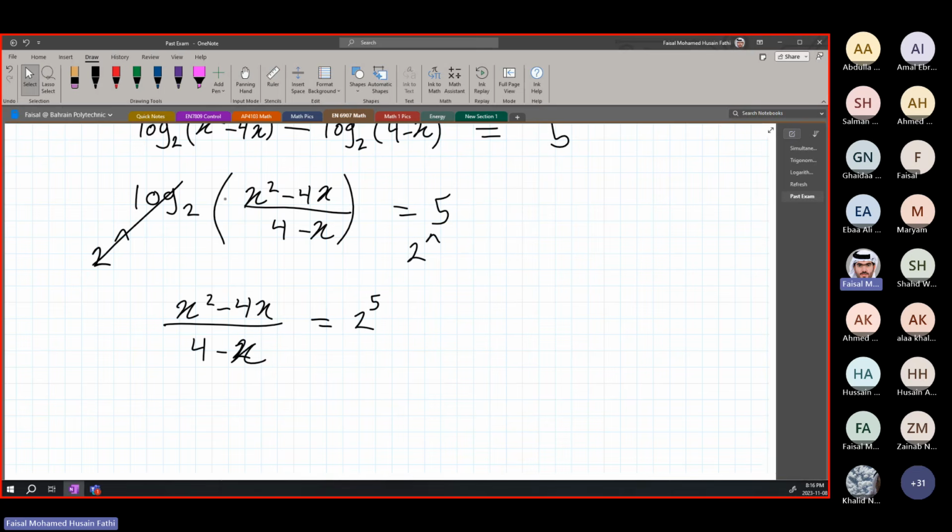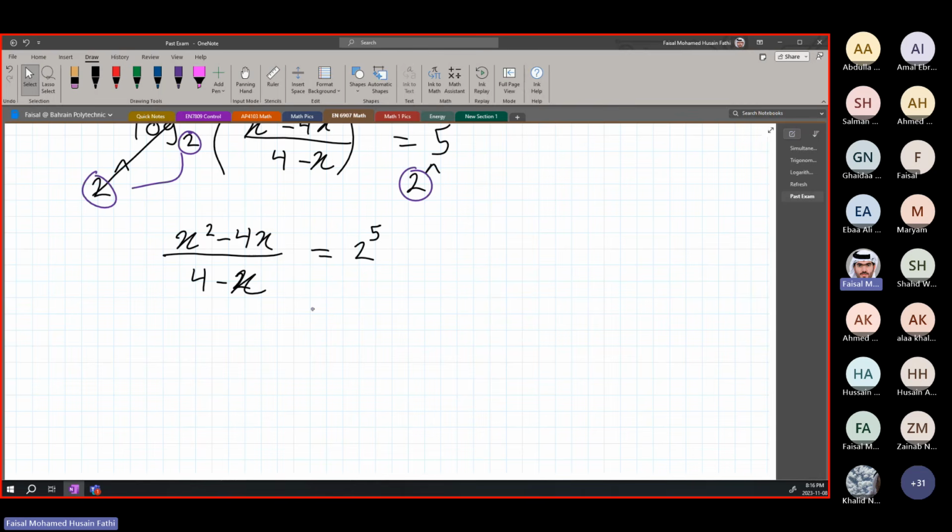This is the log rule, the first thing we learned: what the log means. The only reason we raised it by 2 is because the base is 2. If the base is not written, it's automatically 10, so you would do it with 10.